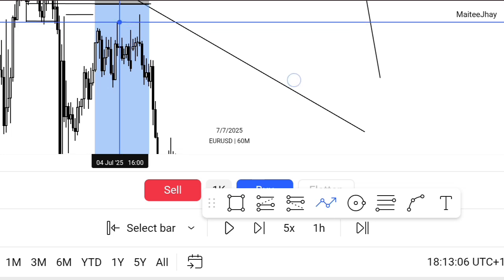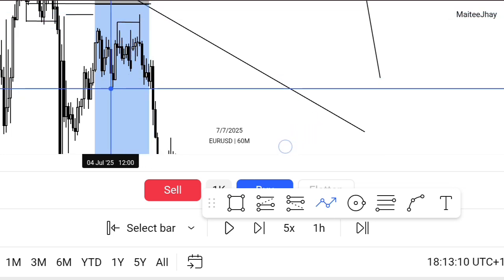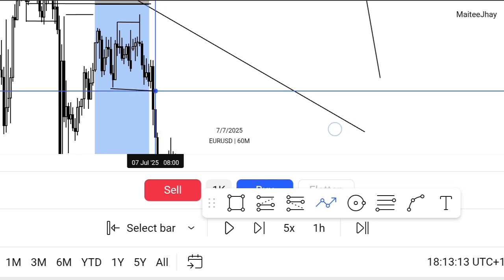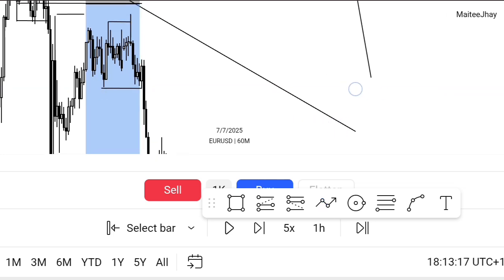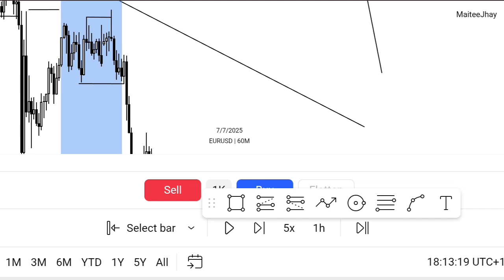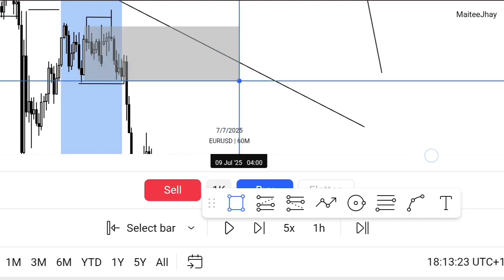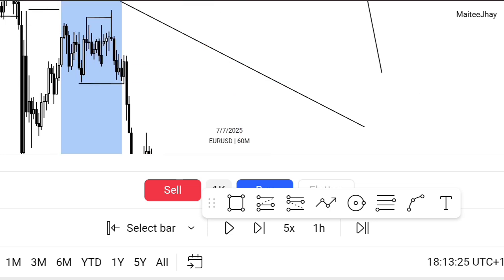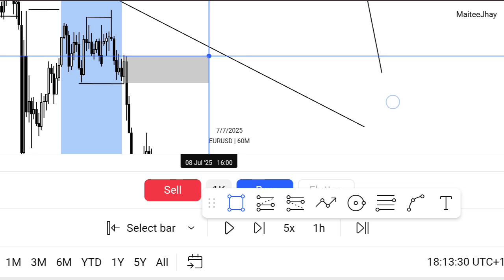This is the sweep. The market shifted structure from this. These are MSS. So now we are expecting the market to come back up here. This up here is our trading range. So for me, I'll be able to pick this as my trading zone.